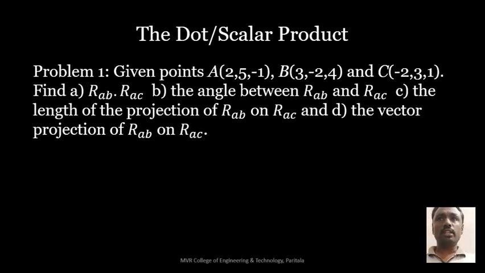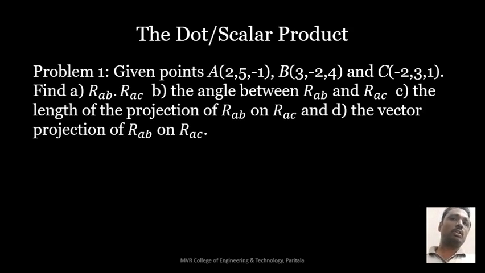The next one is the vector projection of RAB on RAC. Now we got some length. So now we have to identify the vector projection of RAB on RAC. You already identified the unit vector in the direction of RAC.